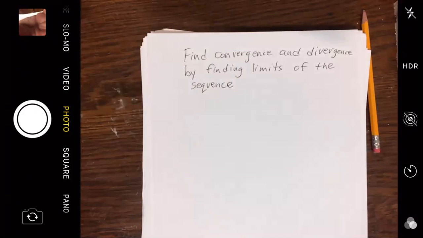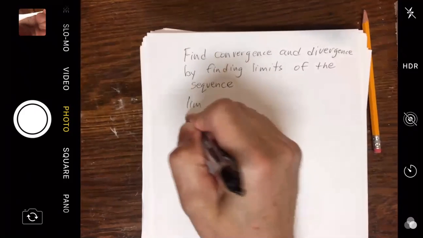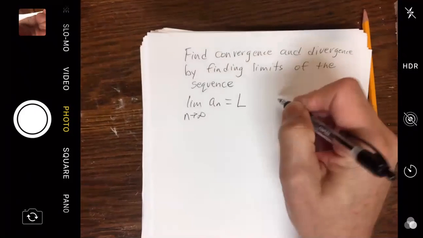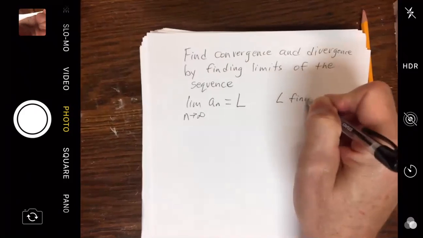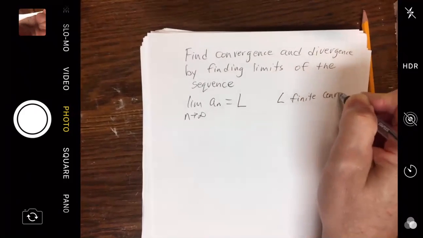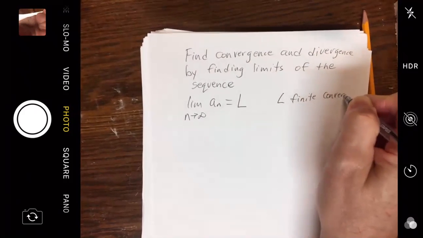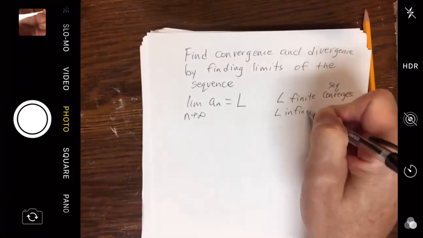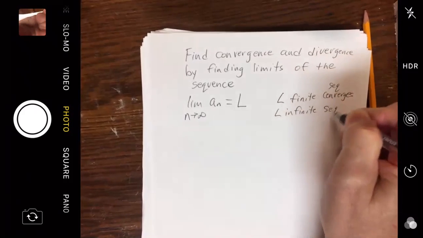So the limit of a sequence is the limit, n goes to infinity of your terms, L. L finite, the sequence converges. L infinite, the sequence diverges.